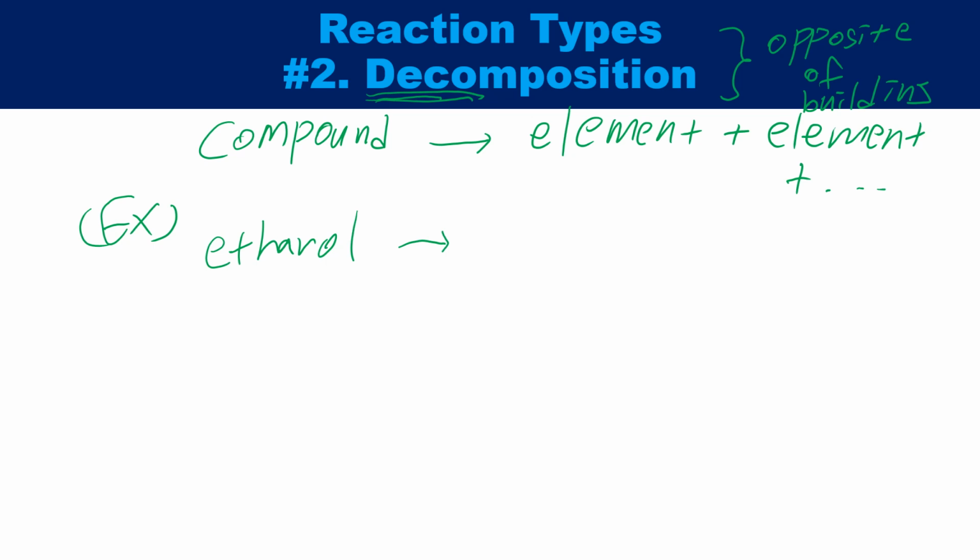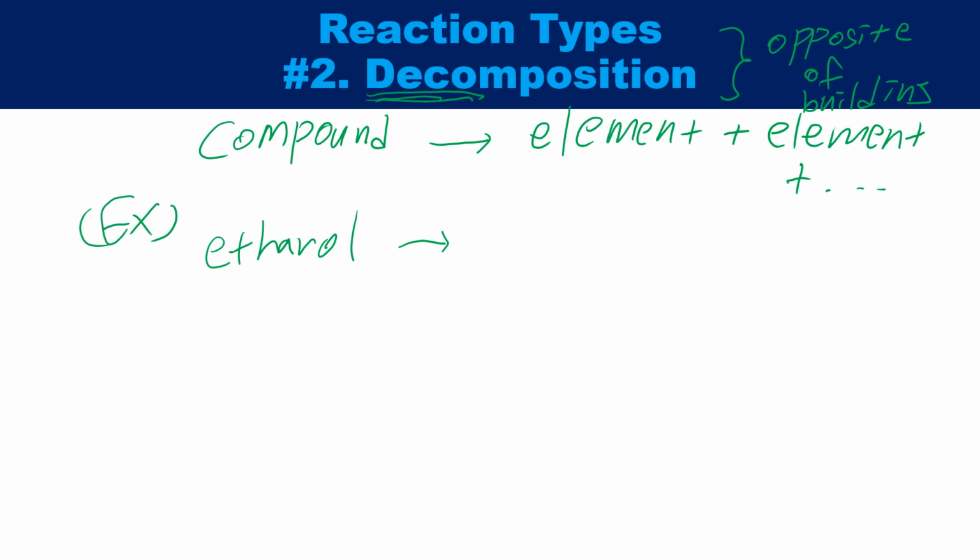Ethanol was one of the chemicals that I asked you to memorize also. I want you to think about its chemical formula a little bit and predict how many elements we will have as a product. Will we have 2 or will we have 3?